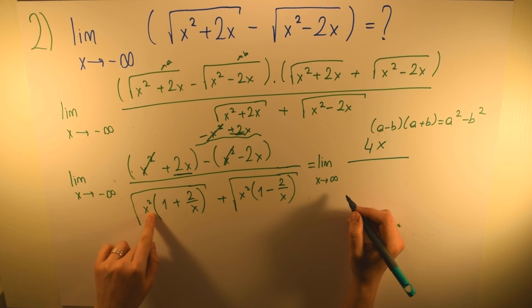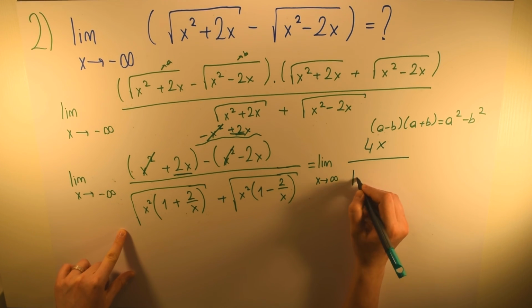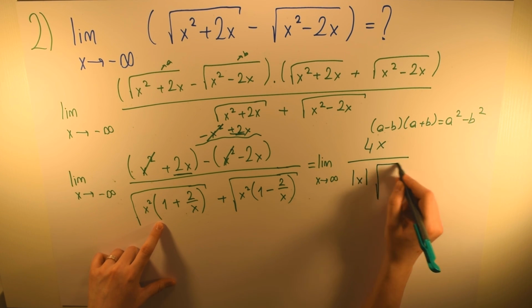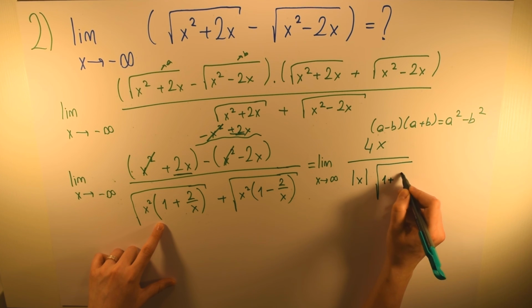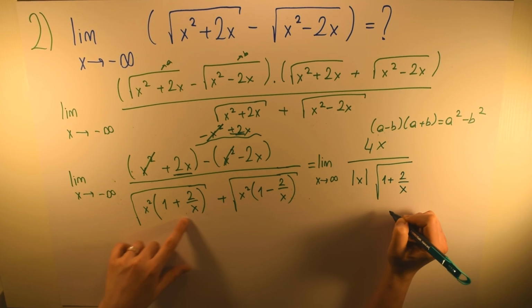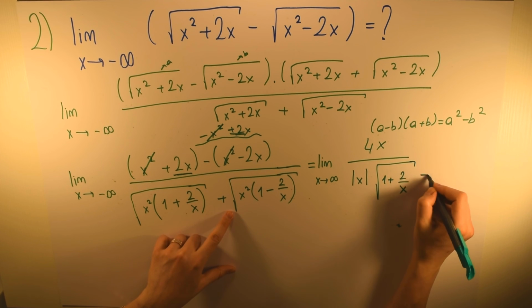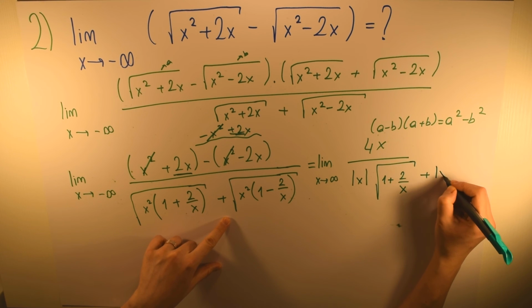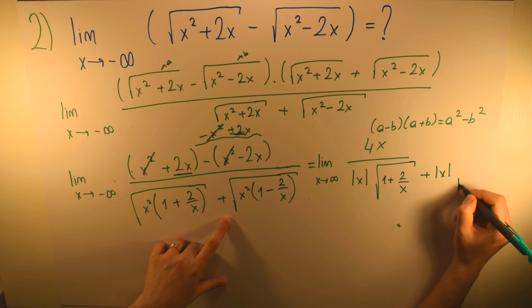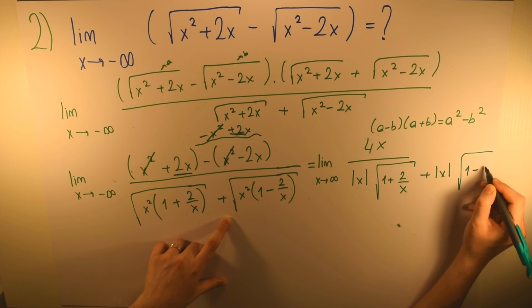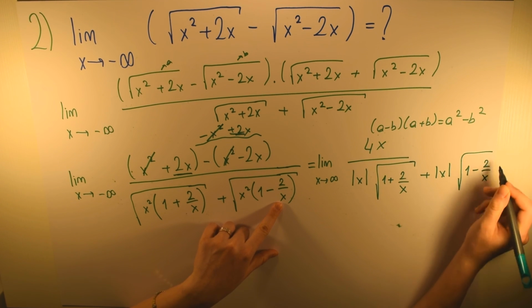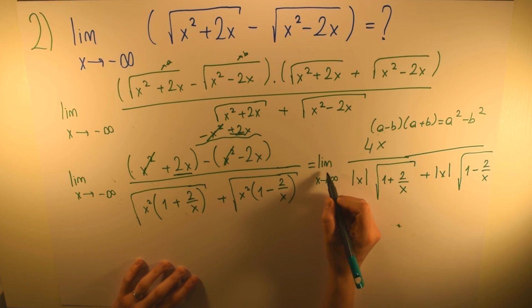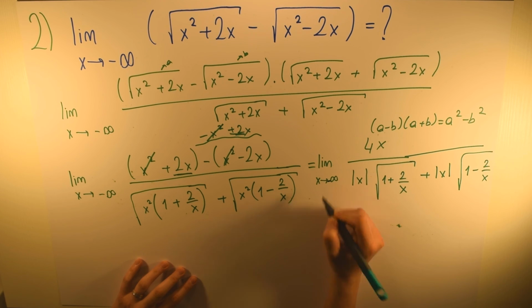Now here this x squared goes out as the absolute value of x, and then we have the square root of 1 plus 2 over x, plus this one, this x squared also goes out as the absolute value of x, and then the square root of 1 minus 2 over x. So this is our denominator. Now here the limit as x approaches negative infinity.